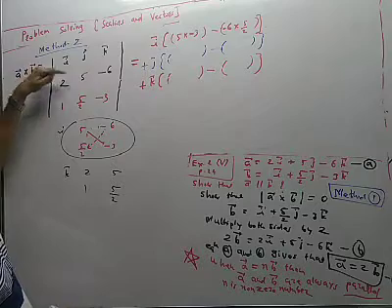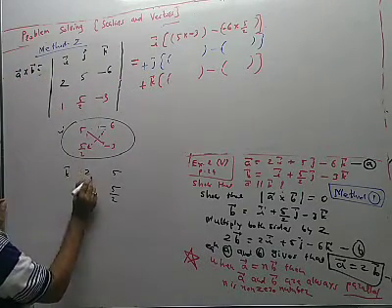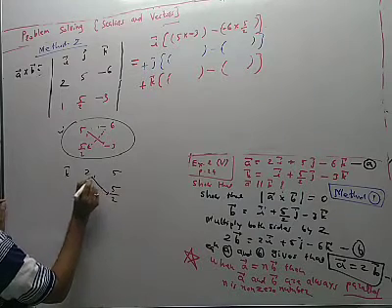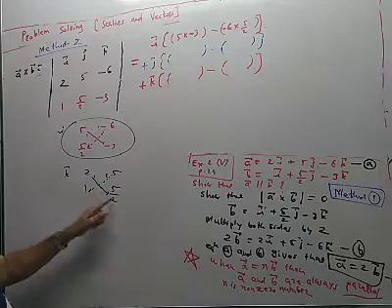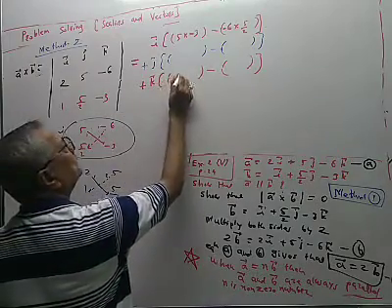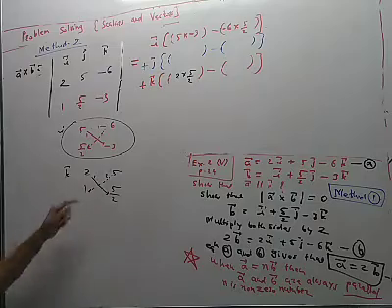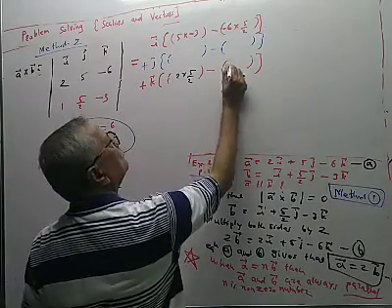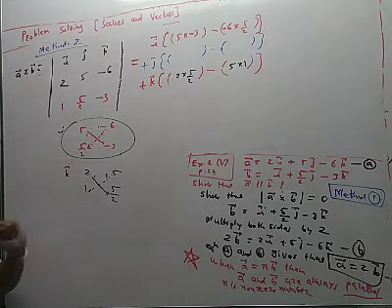So the remaining elements are 2, 5, 1 and 5 by 2. So the method is same. This is the first product, this is the second product. So 2 multiplied by 5 by 2 and 5 multiplied by 1, plus 5 multiplied by plus 1. Both are plus plus. Like this.